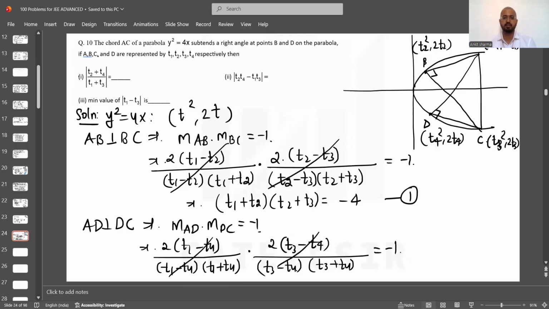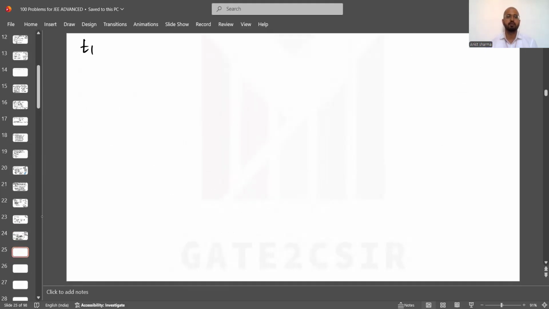So this gets cancelled, this gets cancelled. I get another equation, which is (t1 plus t4) into (t3 plus t4) is equal to minus 1. This is my equation 2.